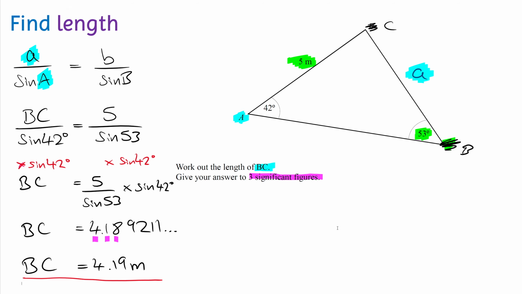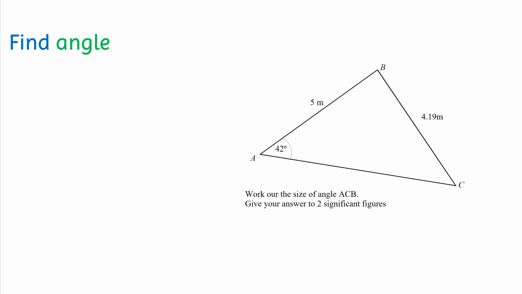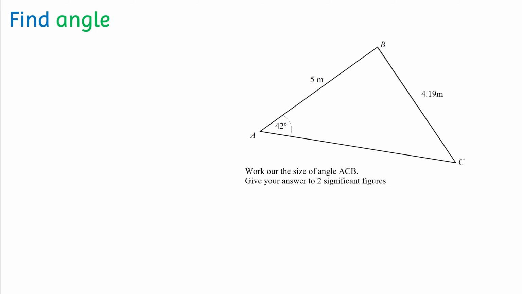Let's have a go at a question where we need to find an angle. So in this question, you might recognize the triangle. Yes, it's the same triangle as before, but we're just going to find angle ACB. Let's identify it first.